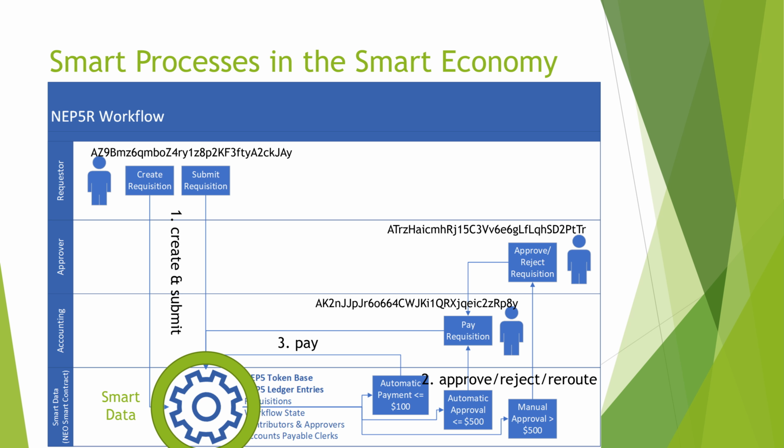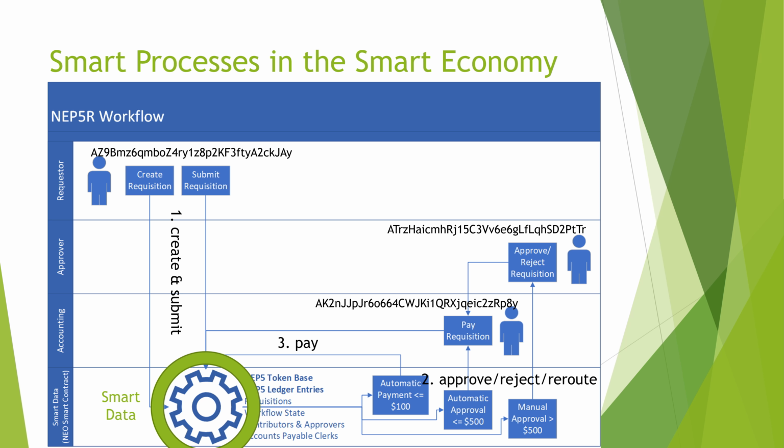Once that requisition has been created, then they can submit it. They can cause it to be enacted through the business rules, the business process that's encoded in that smart contract. That will then be routed in a virtual sense to the other players in this workflow, the other actors.